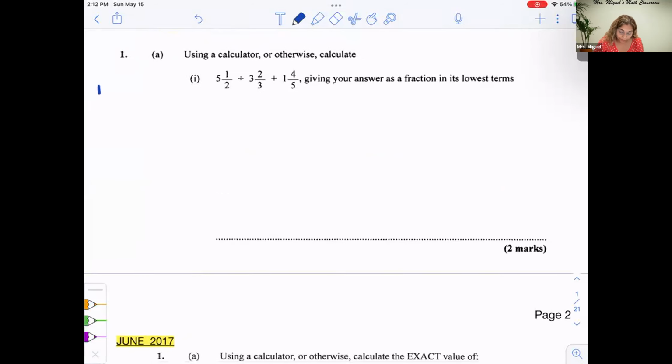Notice you are to write BODMAS on the side here, and you are to use BODMAS to work out the order of operations. So I am giving you 2 minutes again. Go ahead.